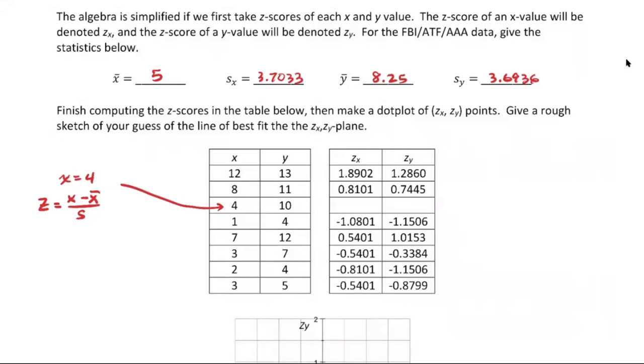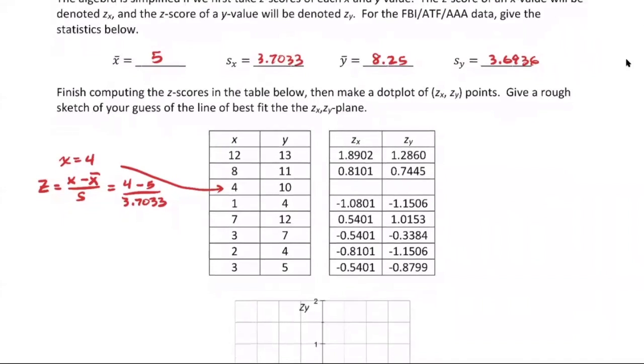So our X is 4, the mean is 5, and the standard deviation 3.7033. Like that. So do that. And then shout it out if you don't mind to tell me the z-score of X.